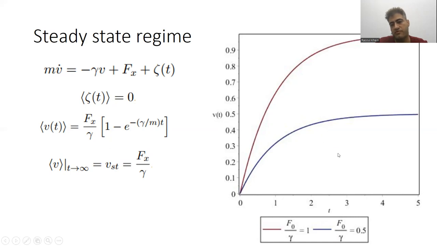At the right we have an example of two realizations where the particle after a while reaches a constant velocity. The vertical axis is velocity and the horizontal axis is time.